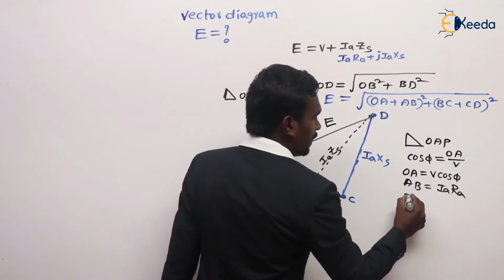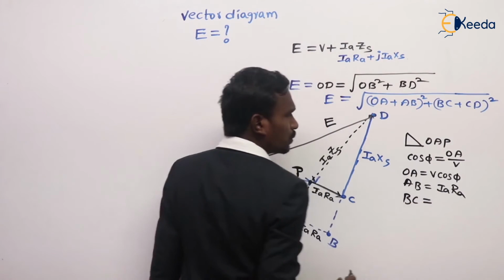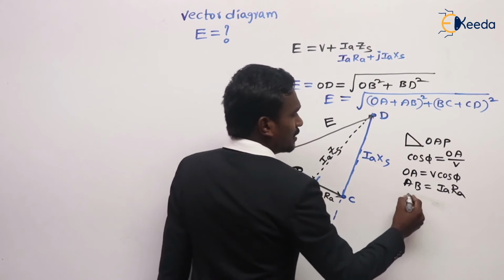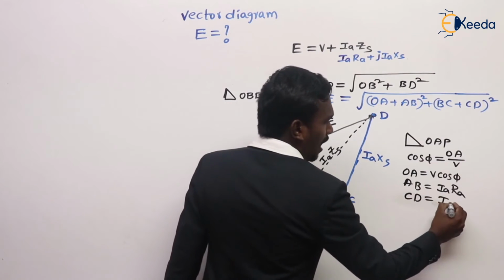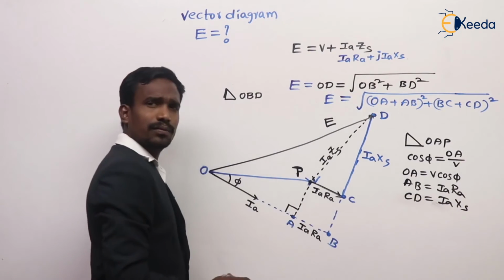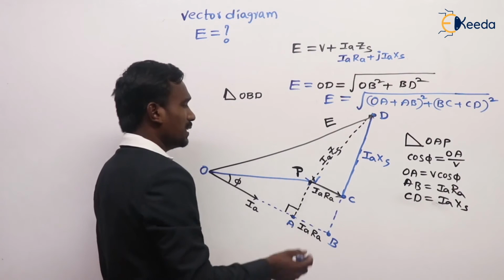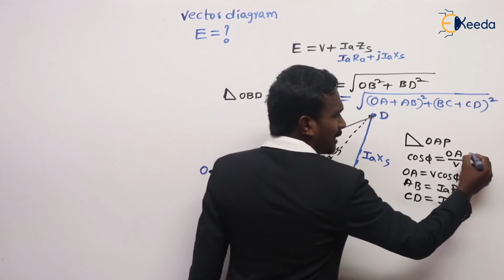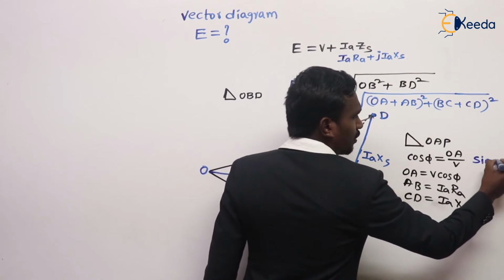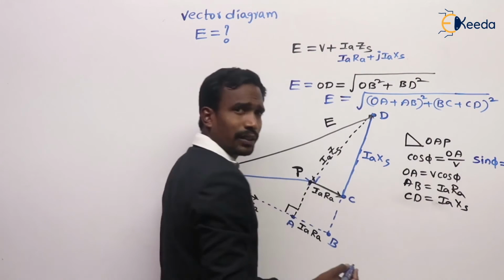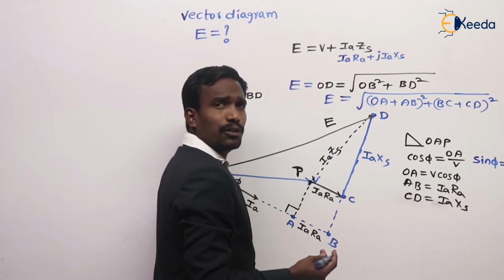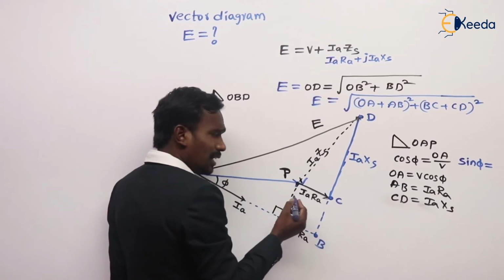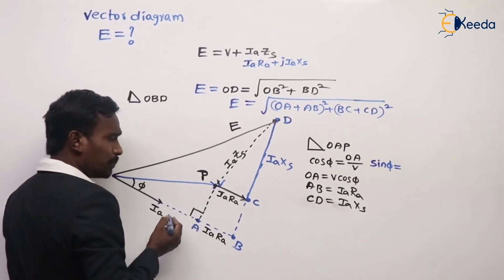BC we don't know, but we know CD. CD is equal to IAXS, clear. Now what is BC? BC is nothing but AP. From this triangle, sine phi is opposite by hypotenuse.